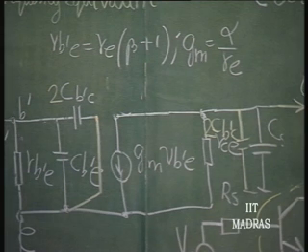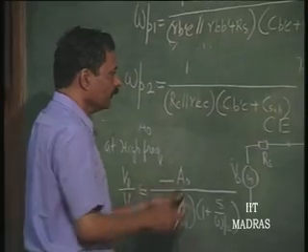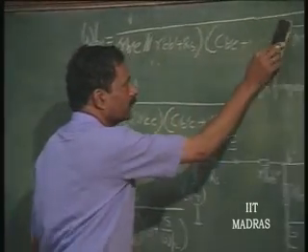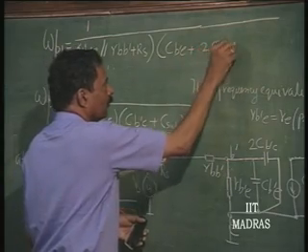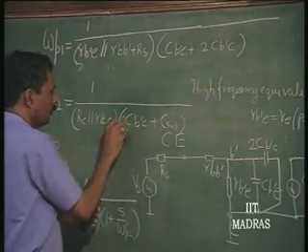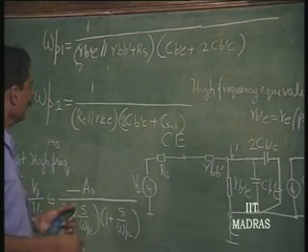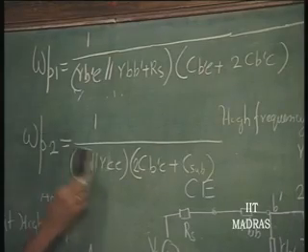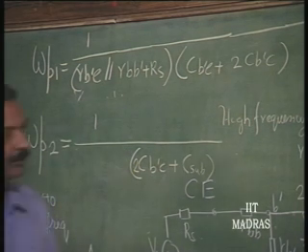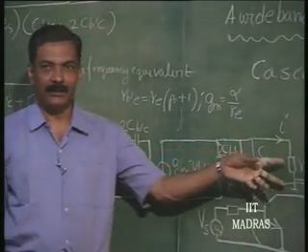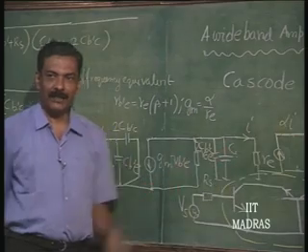Is this clear? So, 2 Cb dash C, 2 Cb dash C there, and therefore, this simply becomes, so that is the thing. And as far as omega P2 is concerned now, the resistive part is no longer RC parallel RC, it is RE parallel RC, which is RE itself very nearly.